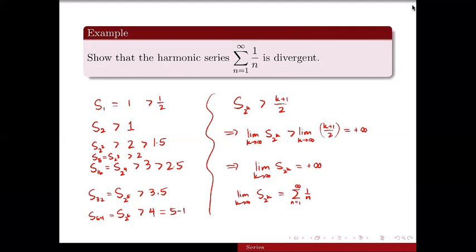Still, the sequence of partial sums, in here let me write S sub k still, k from 1 up to plus infinity, this diverges. So it is divergent, and therefore the harmonic series is divergent.